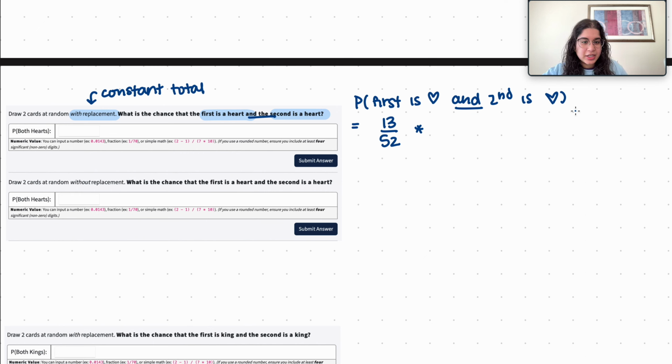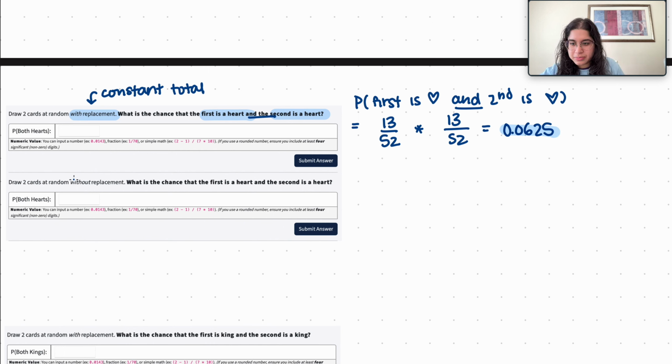The second is also a heart. If we're replacing the cards, our total is still 52, and out of the 52 cards we still have 13 hearts. So my final probability will be 13 out of 52, squared, which you can put in your calculator: 0.0625. So that is my complete answer for the first problem.